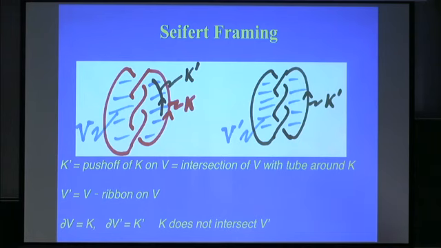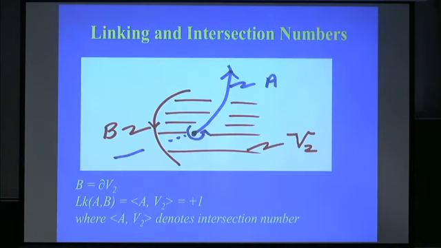So the intersection number is 0. You can compute linking by means of computing intersection numbers. So if you've got a cycle B here, which is the boundary of V2, the linking number of A and B is the intersection number of A with V2. So it's an integer.